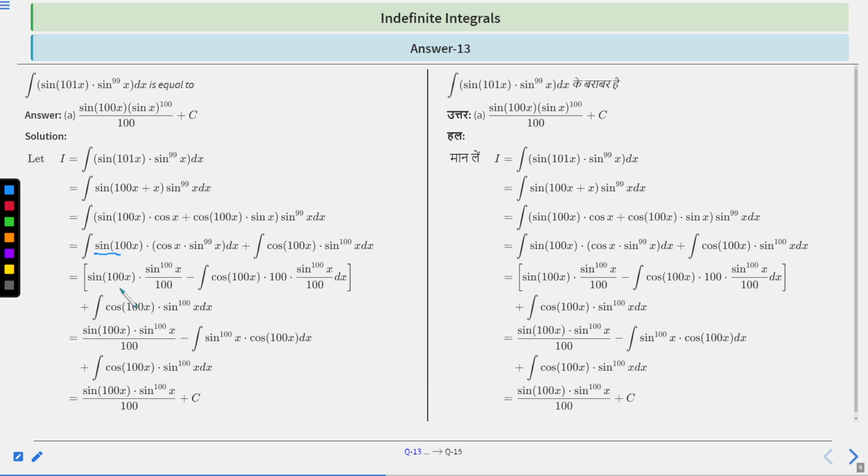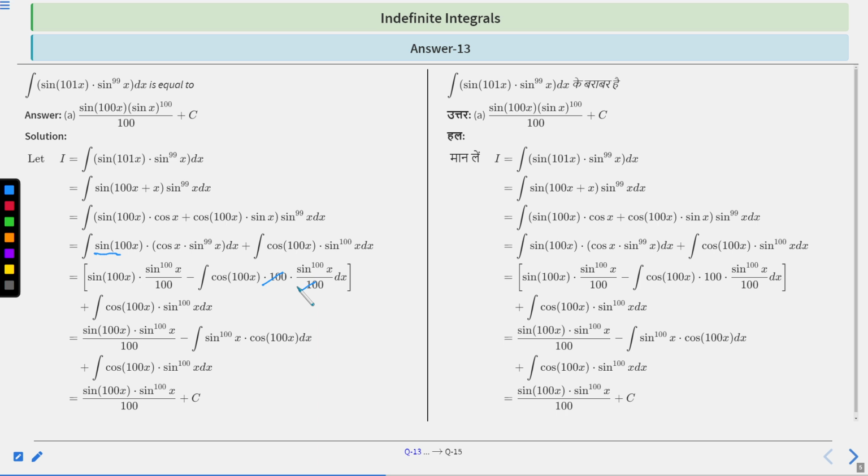Therefore, after using integration by parts, it will be sine 100x into sine to the power 100x upon 100 minus integration of cos 100x into 100 into sine to the power 100x upon 100 dx.